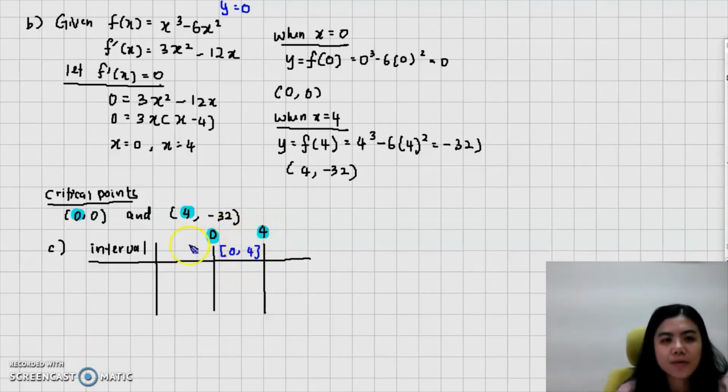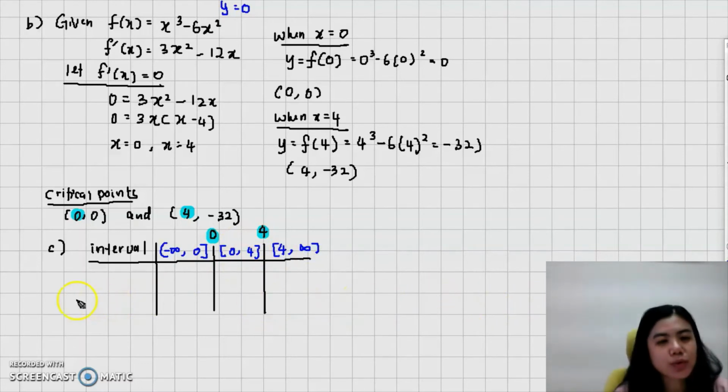But for the front, you only have the number 0 here, and in here it must be negative infinity. For this part, we only have 4, and then it must be followed by positive infinity. So that is the way that we write the interval.